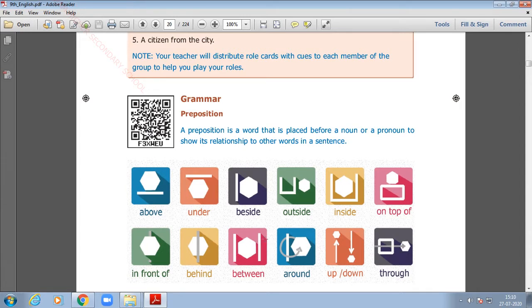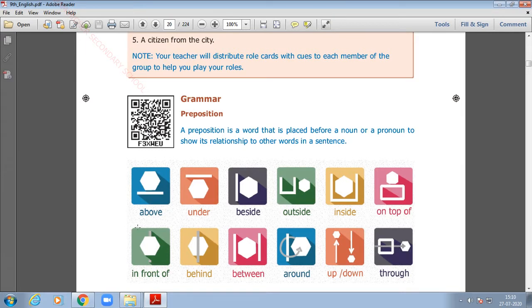Between. Then around the clock. Around. Up, down. Through. The ball passed through the window.